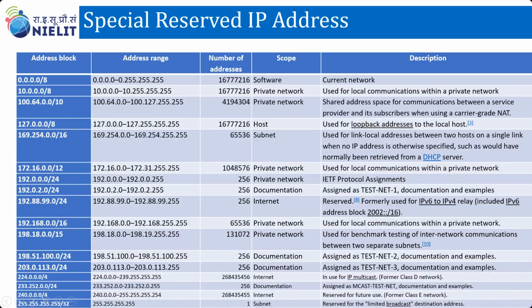Now 172.16 is related to private networks of class B. 192 is related to private networks of class C, and there is one series of IP address, 192.0.2.0/24. This series is normally used for documentation purposes. You cannot mention the public IP address of any company or any server on a public platform, even as an example.